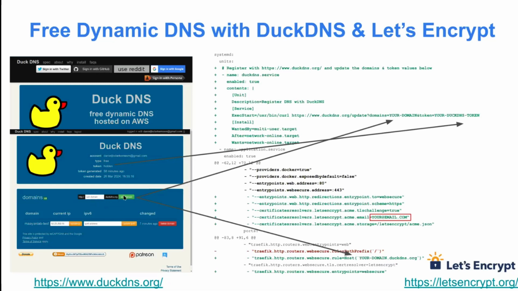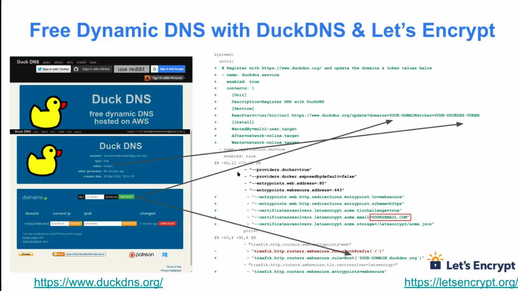So once you've done that, it will become a record here. And the nice thing about this DuckDNS is you can just specify the IP, say update, and then that domain will point to that IP.